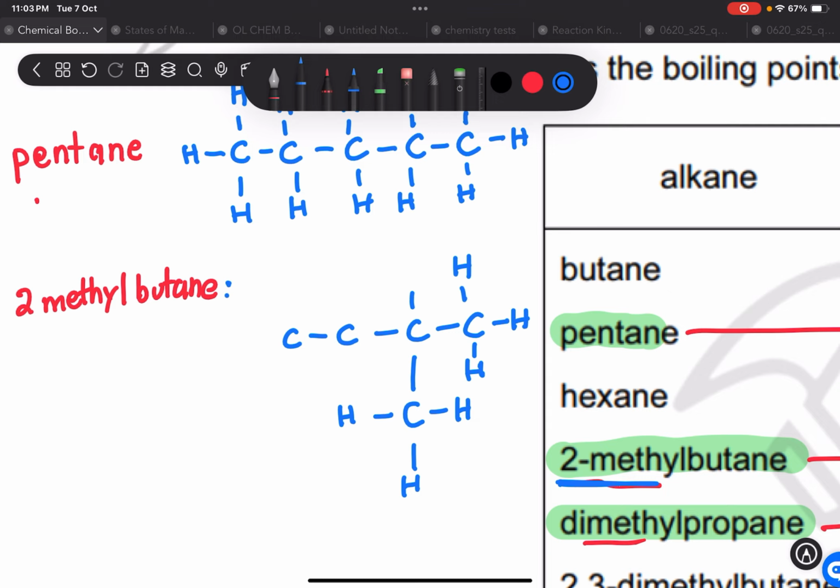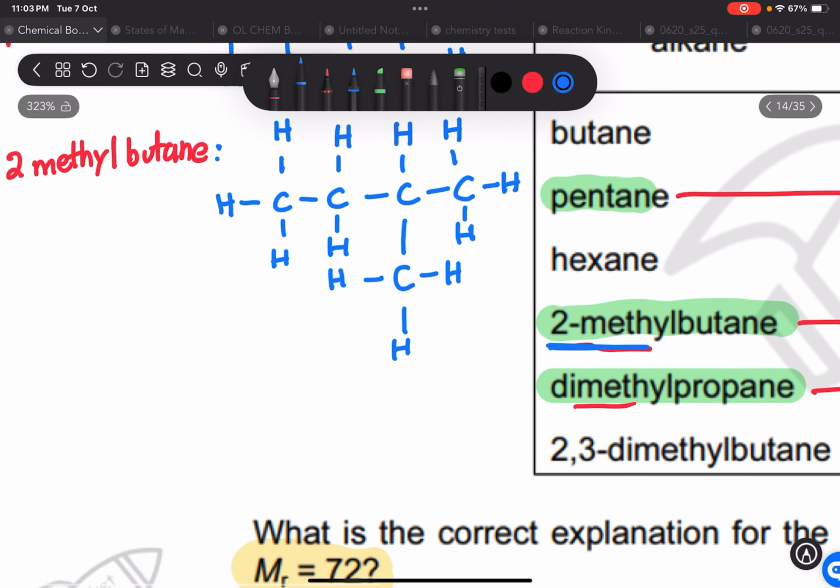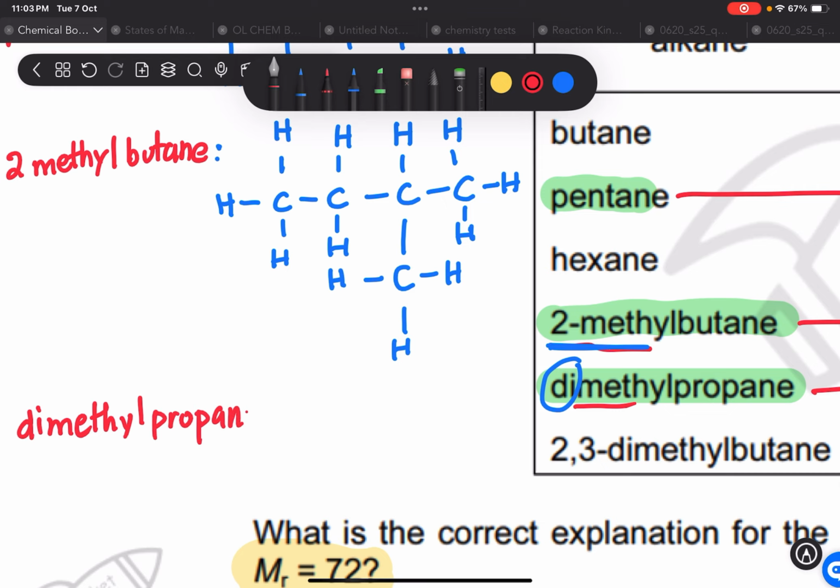Okay, let's complete the valencies of carbon. Done with 2-methyl butane. Now let's draw dimethyl propane. First, let's draw propane. That's going to be the main chain. Propane: 1 carbon, 2 carbon, 3 carbon. Now let's draw dimethyl.